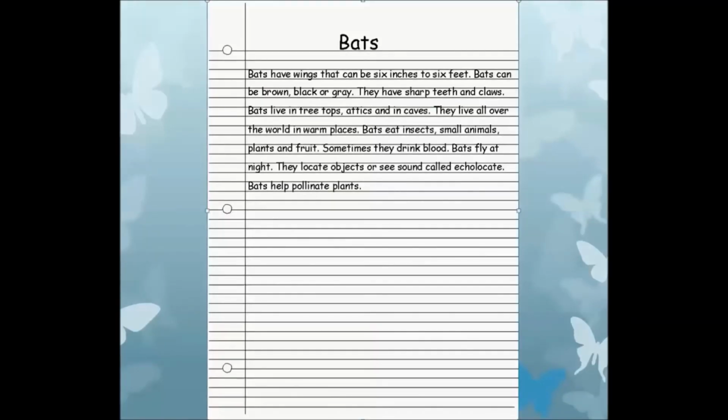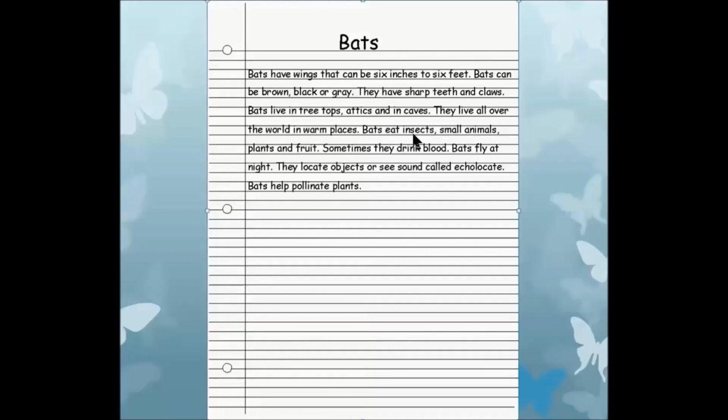So this is how my research paper would look. The title of this research paper is Bats. Bats have wings that can be 6 inches to 6 feet. Bats can be brown, black, or gray. They have sharp teeth and claws. Bats live in treetops, attics, and in caves. They live all over the world in warm places.